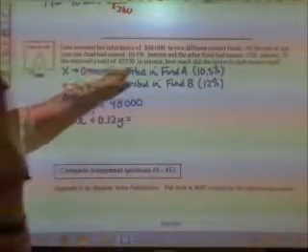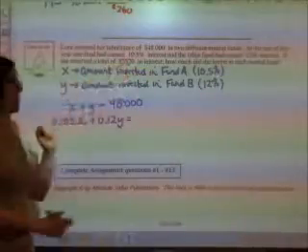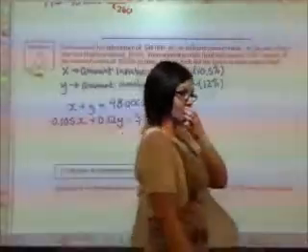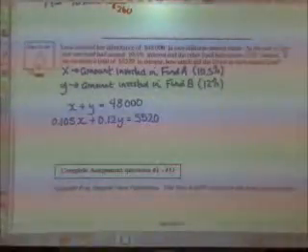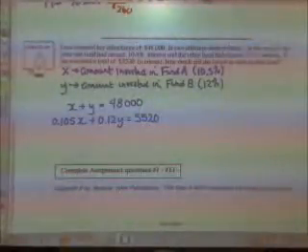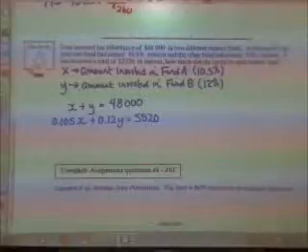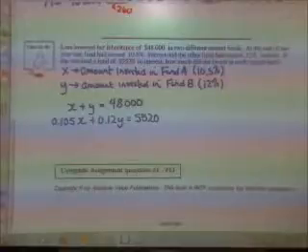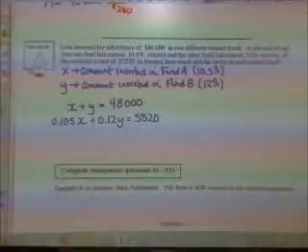The interest is told to me right here. $5,520. Now we're going to try solving this one by elimination, just so that I can show you some of the processes that we can use.